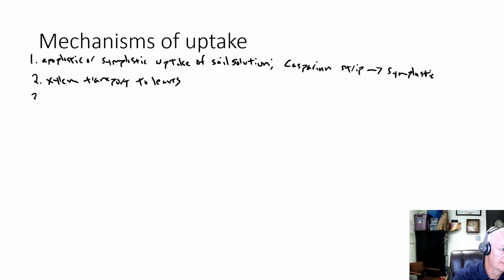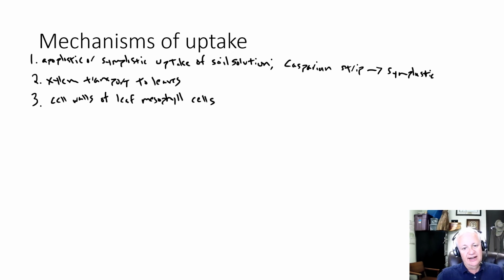Okay, so those nutrients are moving in the water in the xylem stream up to the leaves, and then they end up in the cell walls of leaf mesophyll cells. So they're not in the cells themselves when that solution arrives at the leaves.